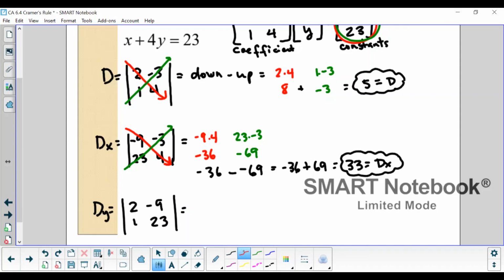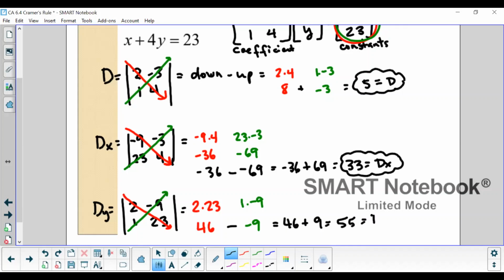The down diagonal minus the up diagonal. So the down diagonal is 2 times 23, which is 46. The up diagonal is 1 times negative 9, which is negative 9. We want to subtract those. Minus a negative becomes a positive. And we get 55, and that's my d sub y.